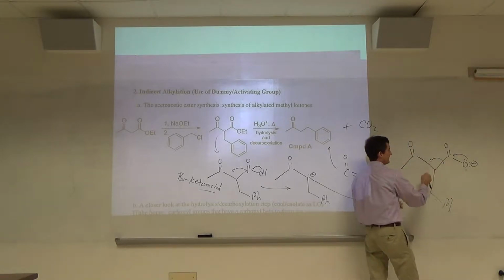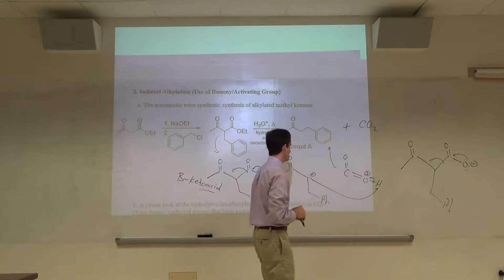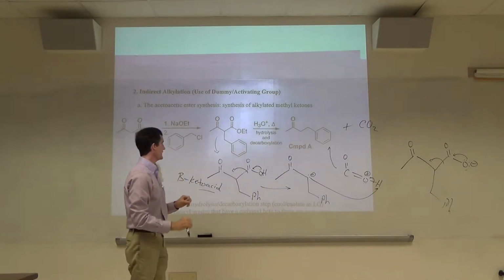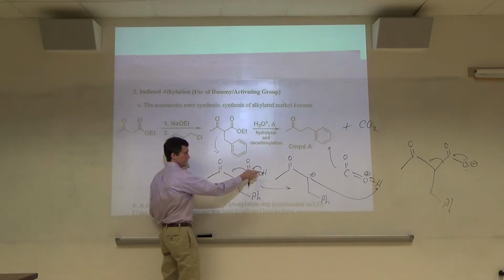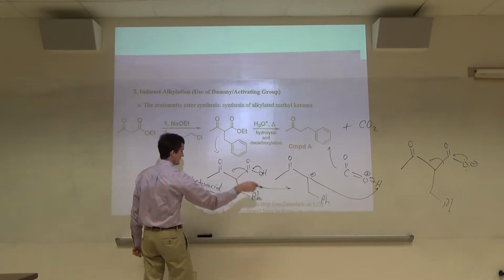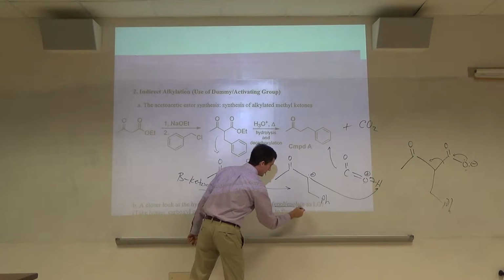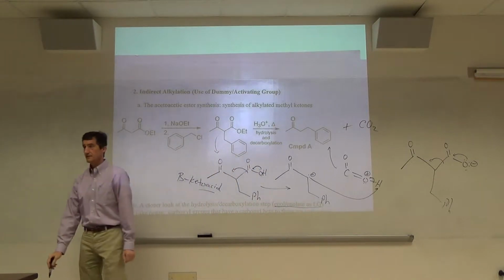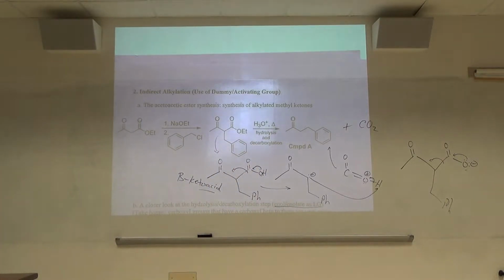You can kick that off. You make CO2 plus this anion, and then it can pick up a proton. But basically, whenever you decarboxylate these, the enol or enolate is serving as a leaving group. Essentially, that's what's happening.